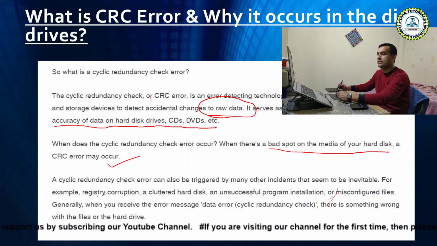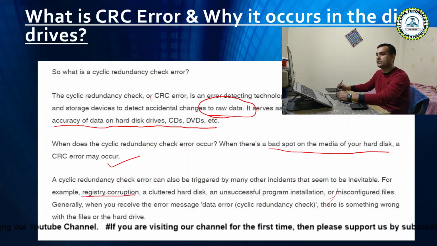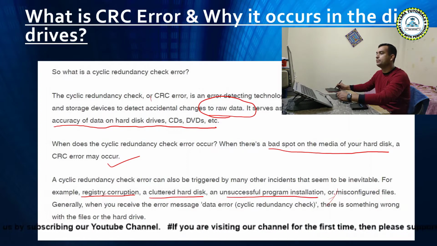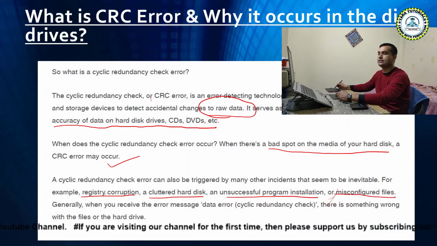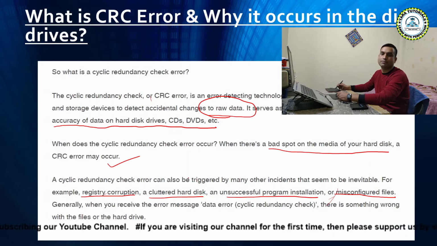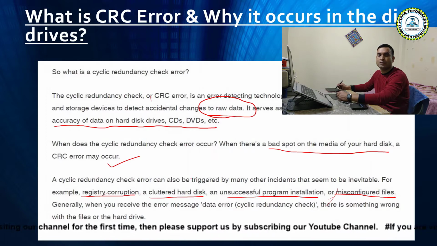For example, if there is a registry corruption, a cluttered hard disk, an unsuccessful program installation or misconfigured files. These are some possible reasons by which the CRC error may be triggered and you get the error message, where your disk becomes inaccessible, or your data becomes inaccessible. Both cases may happen.